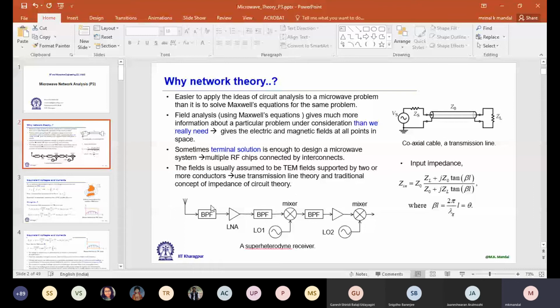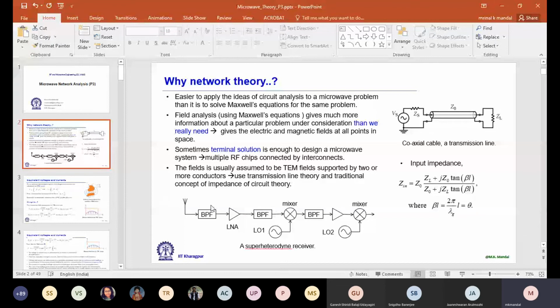So in conclusion, of course, to find the device characteristics, we have to use Maxwell's equations. But for what purpose? From Maxwell's equations, we get the electric field and magnetic field distributions, but we don't always need that.